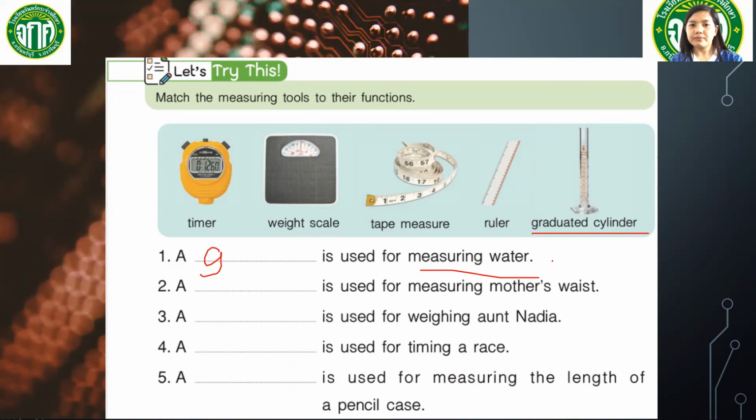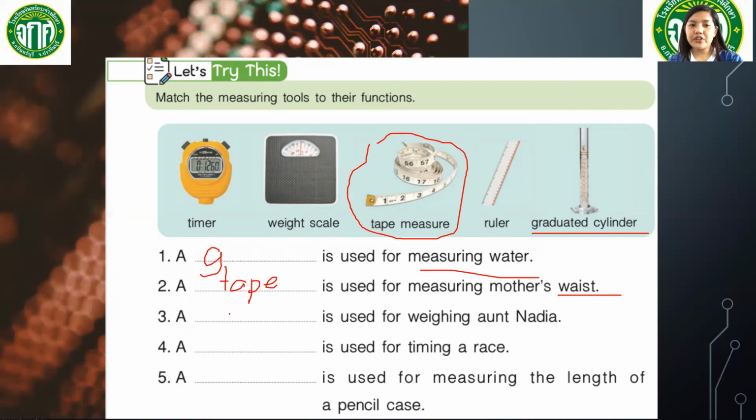All right. Next, number 2. A blank is used for measuring mother's waist. What can we use to measure waist? Very good. The answer for number 2 is tape measure. We use this for measuring our waistline.